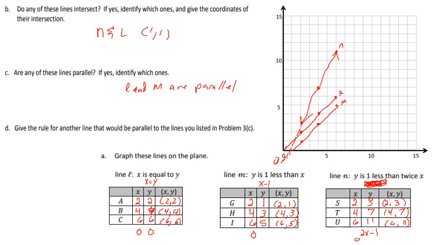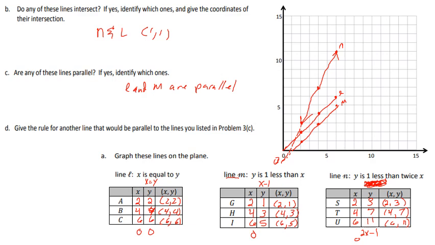The last one down here, give the rule for another line that would be parallel to the lines you posted in problem 3C. Okay, talking about the parallel lines. Now, as you can see, this one here in line M, y is 1 less than x. So L being equal, if y is 1 less, it's parallel.